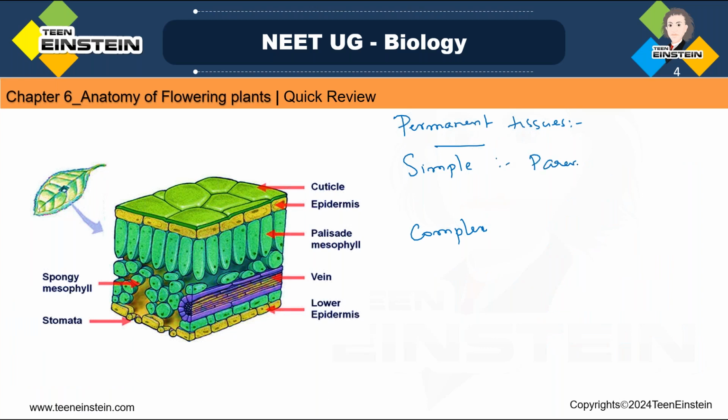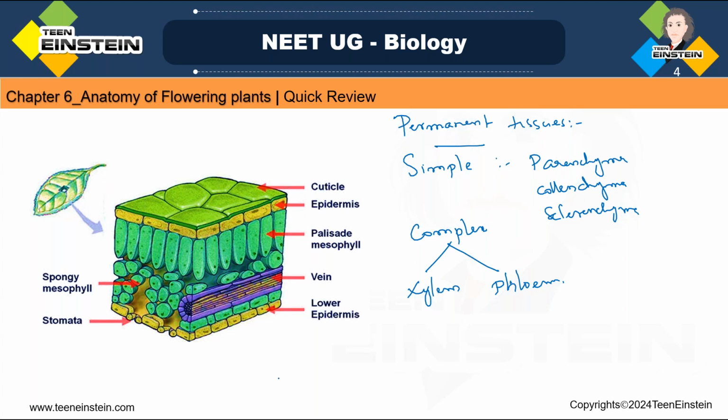Right. Simple tissues means parenchyma, collenchyma, and sclerenchyma tissues. Parenchyma tissues, collenchyma tissues, and sclerenchyma tissues. Right. And what about the complex tissues? Complex tissues, you can see two types, xylem and phloem. Okay.